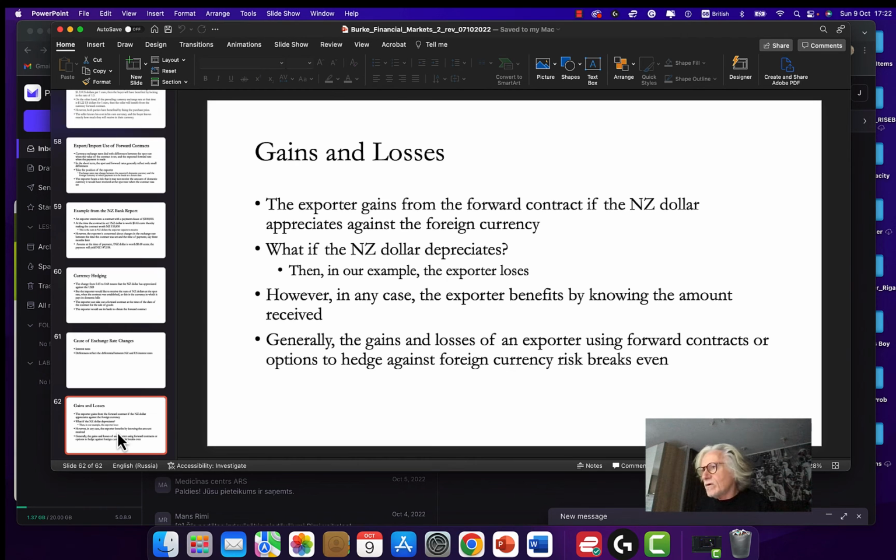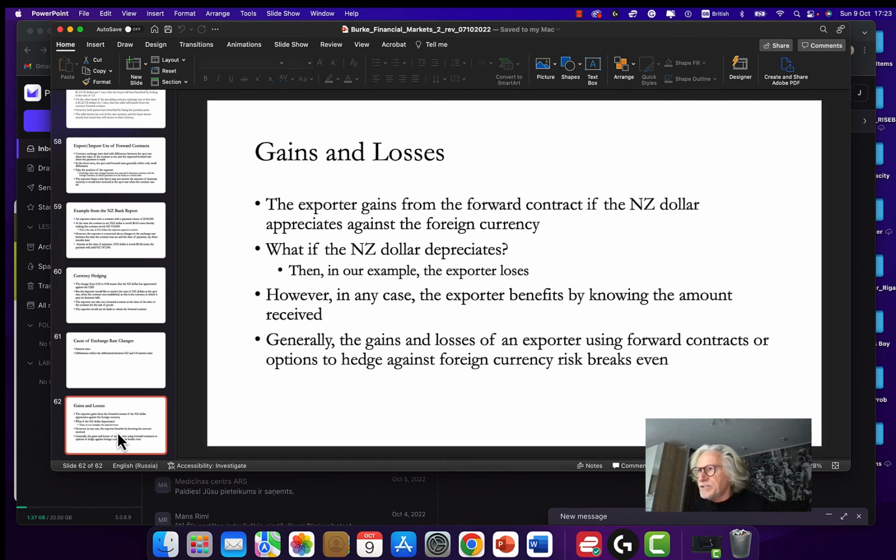But what's the trade-off? The trade-off is certainty, locking in a specific exchange rate so you know in the future what you're going to be paid, which allows you to manage your business risks in an organized manner. And if the exporter adopts a policy of using currency forward contracts in most of its transactions, these gains and losses are going to even out.